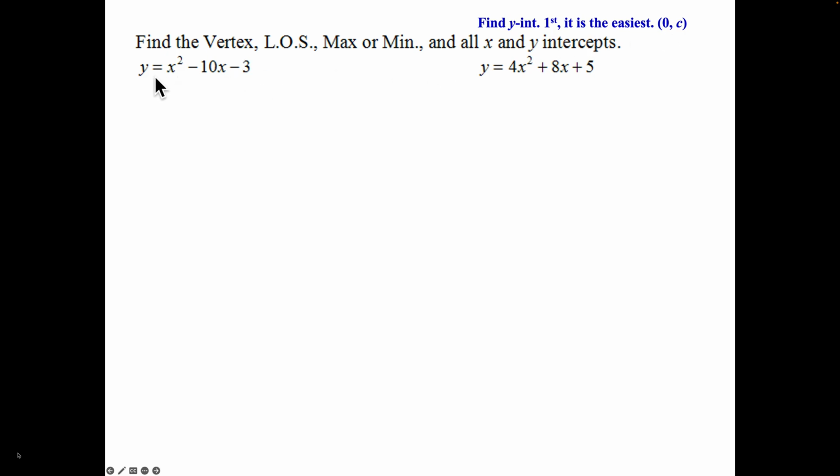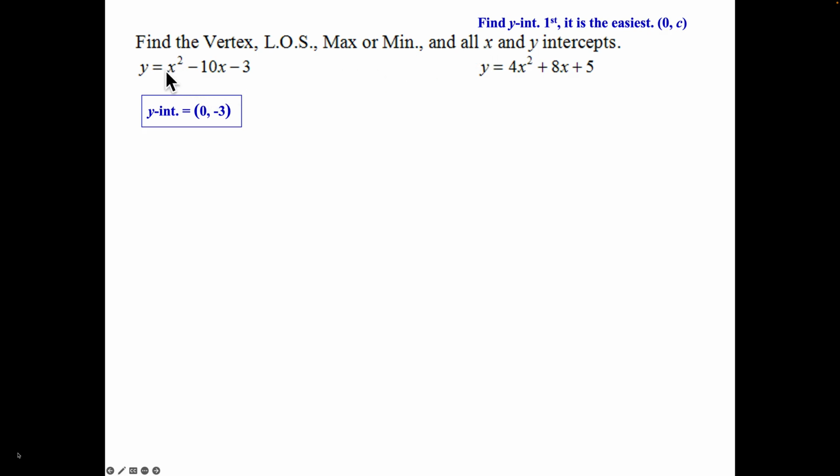If you put 0 into x, that's a 0. Negative 10 times 0 is 0. These terms zero out, and 0 minus 3 is still just minus 3. So there's the y-intercept. That's done. Scratch that off the list. Then the vertex will be next, line of symmetry and max or min, and then finally your x-intercepts.